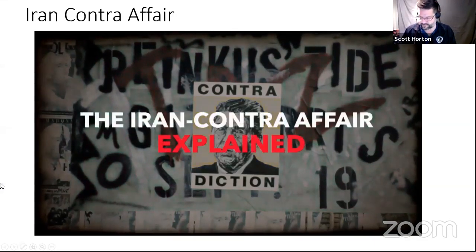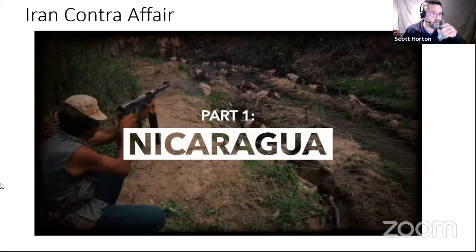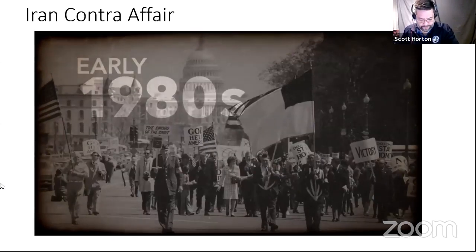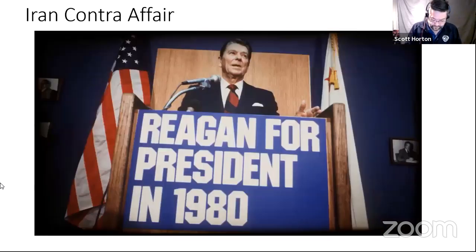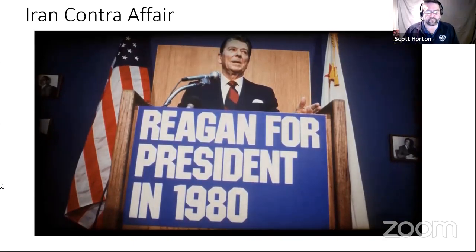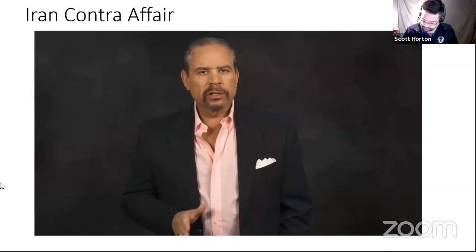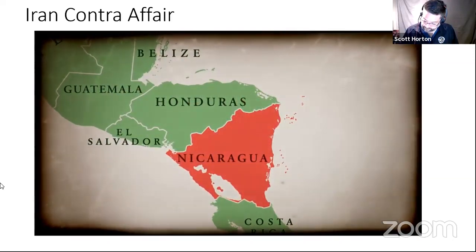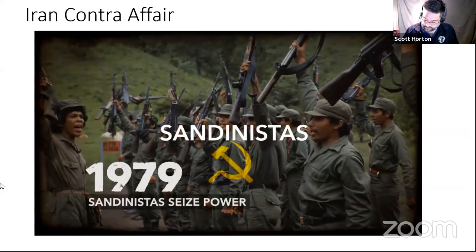The Iran-Contra affair. In the early 1980s, the U.S. was still in a Cold War with Russia, and anti-communist sentiment was strong. During his presidential campaign, Reagan promised to assist anti-communist insurgencies around the world. For a brief time under Reagan, the CIA trained and assisted groups fighting communist leaders abroad. Reagan was particularly interested in a group called the Contras and their battle in Nicaragua. The Contras were a group battling the Cuban-backed Sandinistas, a communist group who had seized power in 1979.